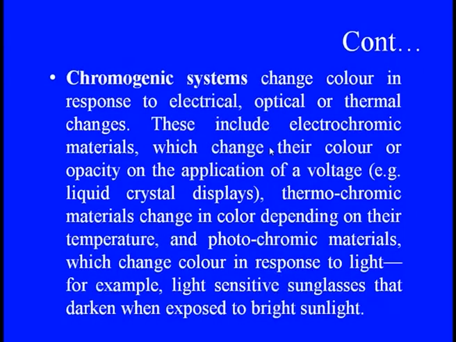So chromogenic systems are systems in which, when there is a change in the color, the system can immediately respond, and the corresponding changes can be calculated with the electrical, optical or thermal changes in the material itself.